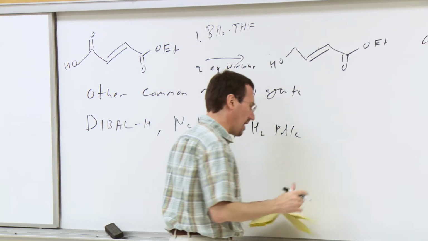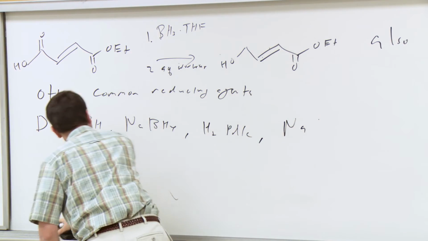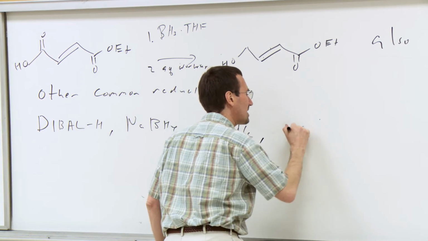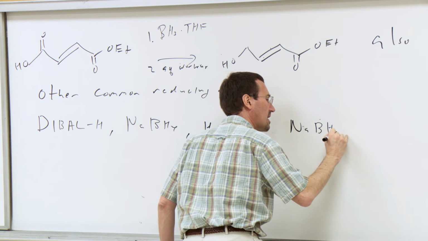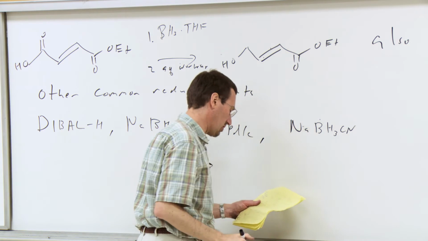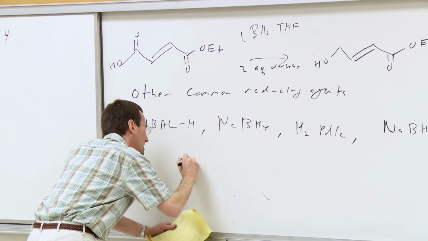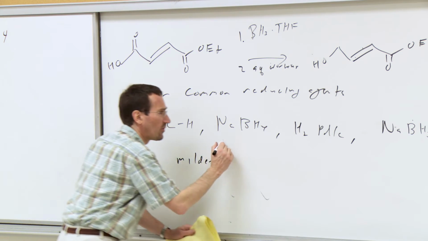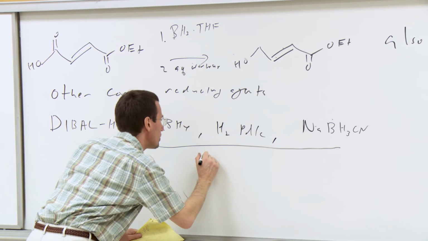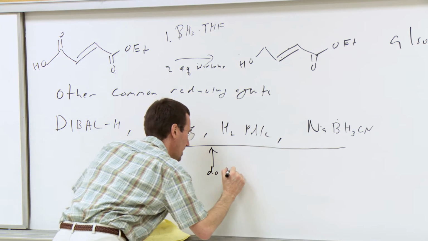All of these are milder than lithium aluminum hydride. Sodium cyanoborohydride is especially mild because of the electron withdrawing cyano group. That's often just good for iminium ions. So I'll say milder. And at least for these, they do not reduce carboxylic acids or esters.